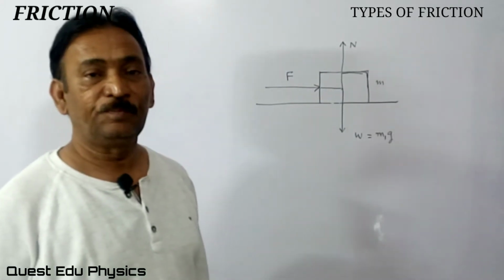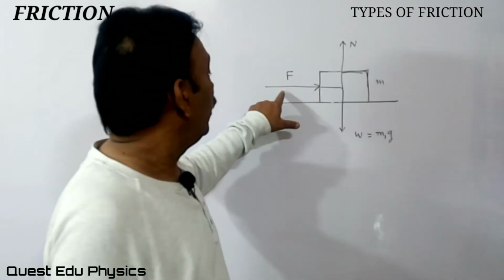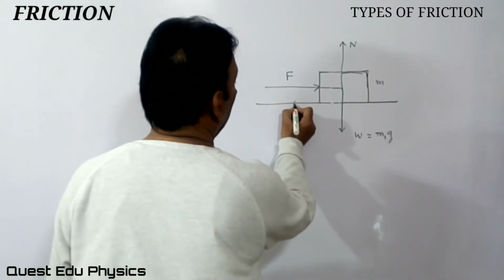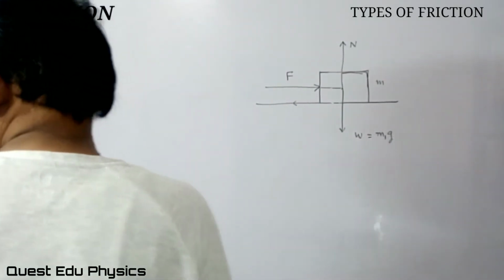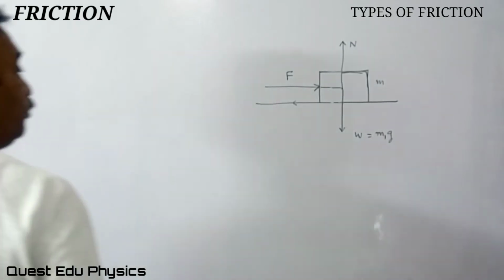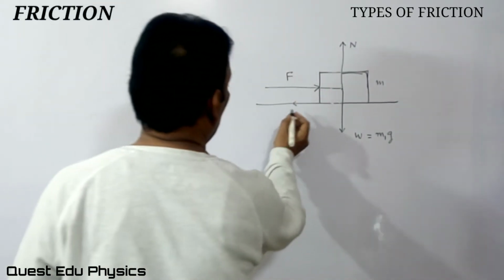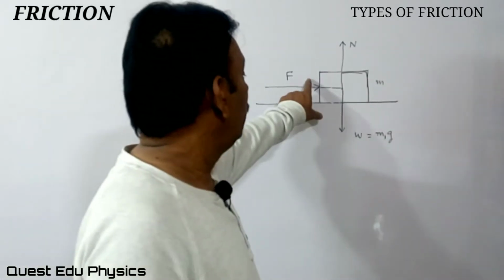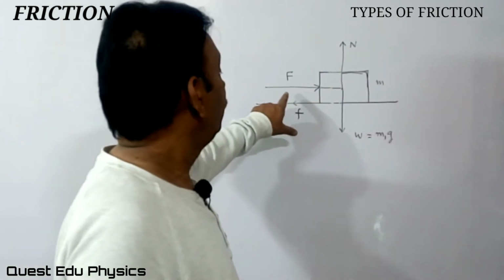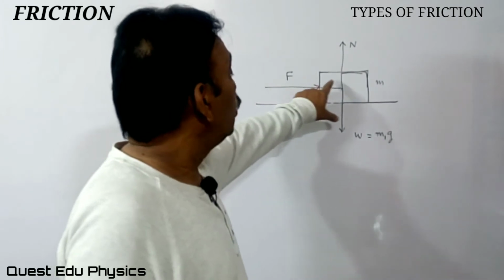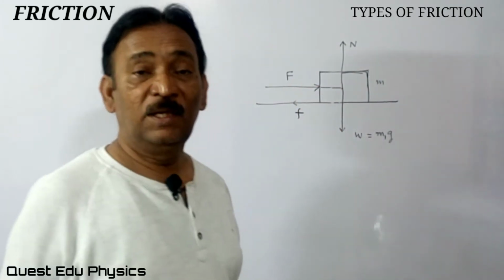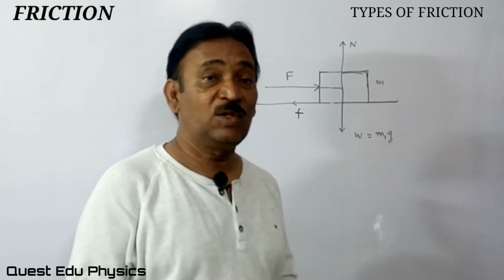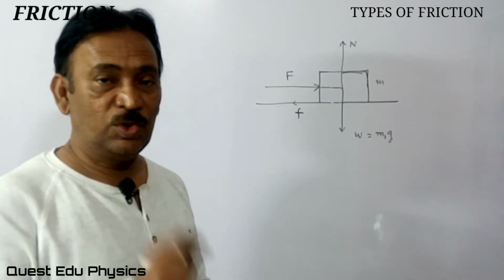Okay, students, when you apply a force on this body, immediately a force develops in the direction opposite to the applied force, and we call this force the frictional force. It is the force which immediately develops to stop the motion of this body over this surface. That's why, when giving this definition, I said it is the force which tries to stop the relative motion.